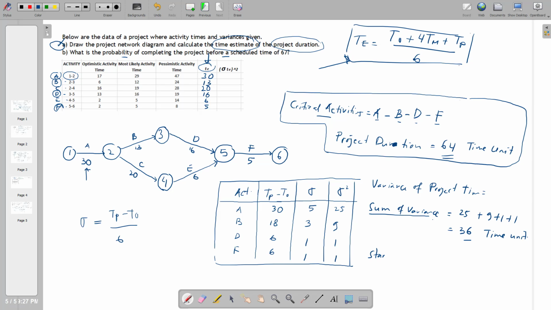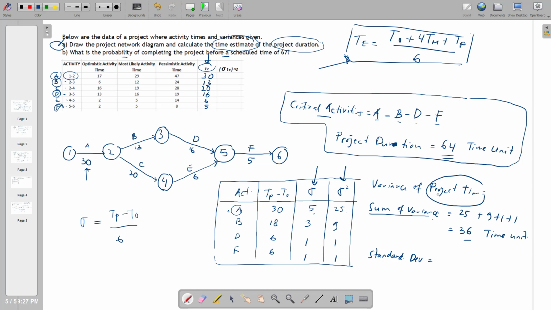So the standard deviation of the project time. Take a look at this. I'm talking about project time, not activity time anymore. This is the variance for activity time, and this is the standard deviation of activity time, 5, 25. This is for activity.